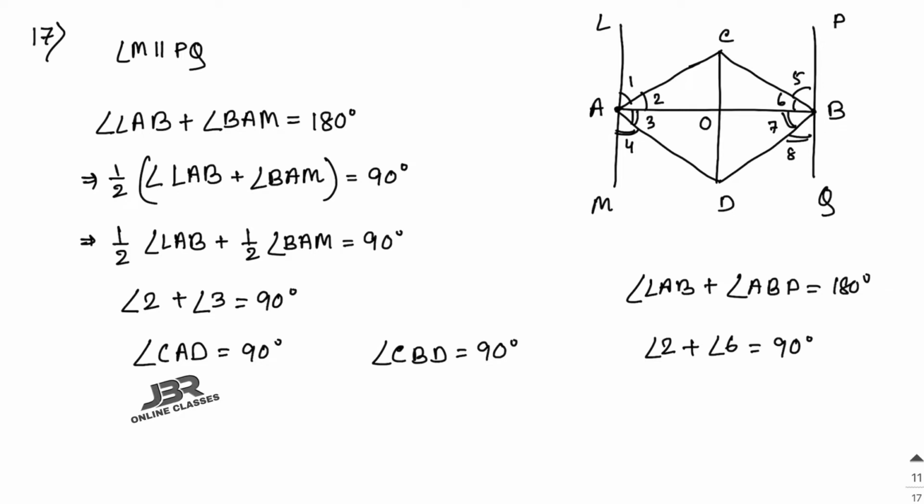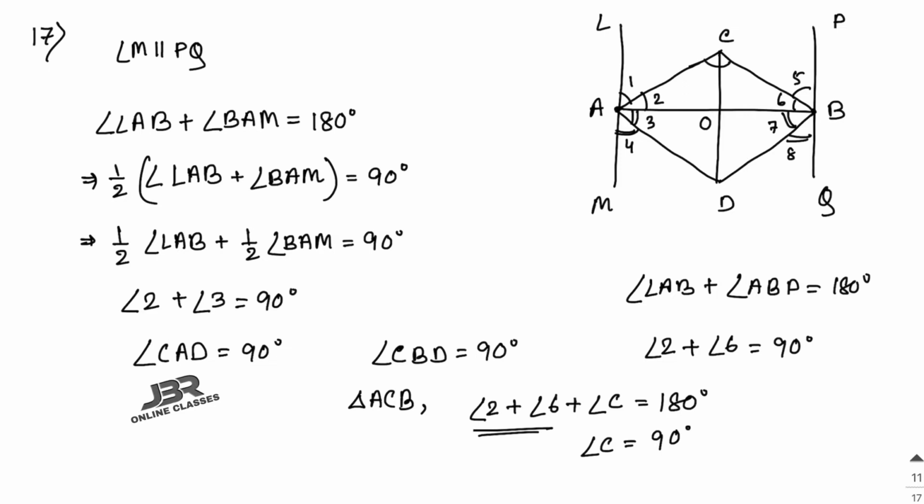Now in this triangle ACB, angle 2 plus angle 6 plus angle C equals 180. And as angle 2 plus 6 equals 90, definitely angle C equals also 90 degrees.